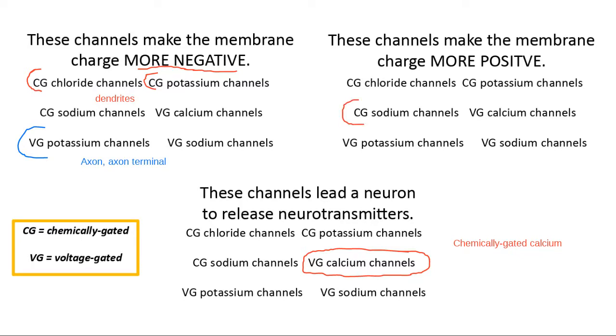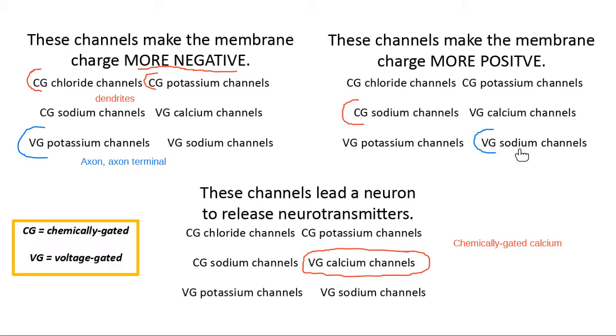Those chemically gated sodium channels, because sodium can rush into my dendrites and make me more positive. Once I have enough positives when I'm doing summation, now I'm going to activate those voltage-gated sodium channels. The voltage-gated sodium channels are going to allow me to do something with that.